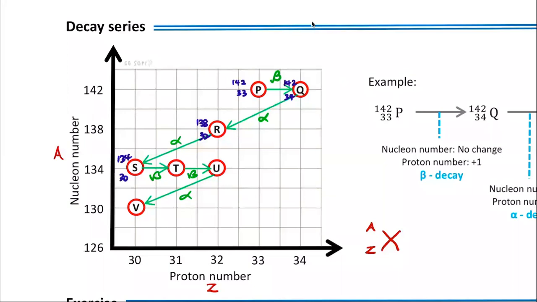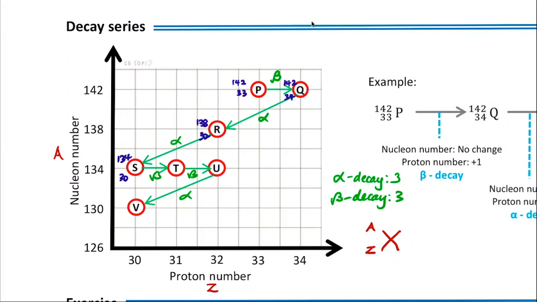Sometimes the question will ask how many alpha decays and how many beta decays are in the series. So alpha decay there are 3, and beta decay is 1, 2, 3. 3 also, right? Yes, 3 alpha and also 3 beta decays, correct.